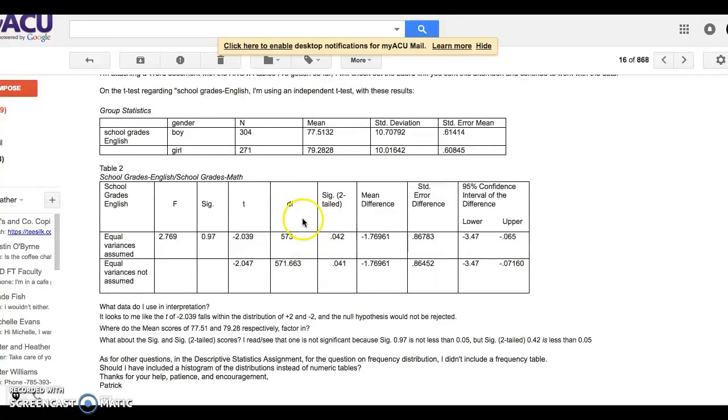I'm not going to tell you how to interpret these, but these are the three numbers that you'll need to write this in your report. If you're still unsure after reading chapter 11, I think it is, in the Salkind book, you could Google it or look on Laerd Statistics for how to interpret this information.